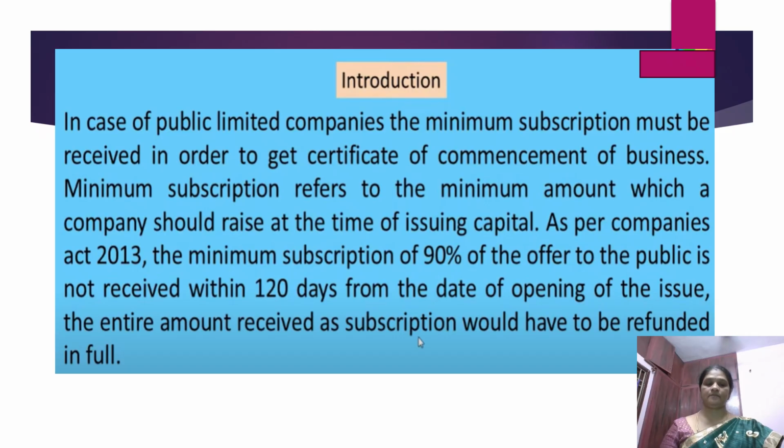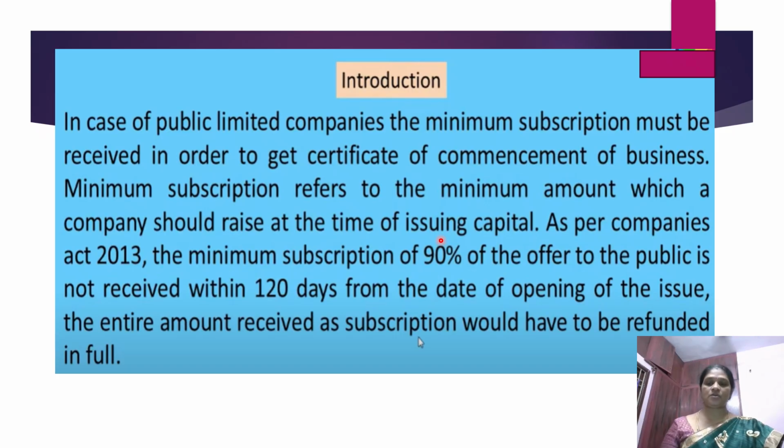As per the Companies Act 2013, the minimum subscription of 90% of the offer to the public must be received by the company within 120 days from the date of opening of the issue.